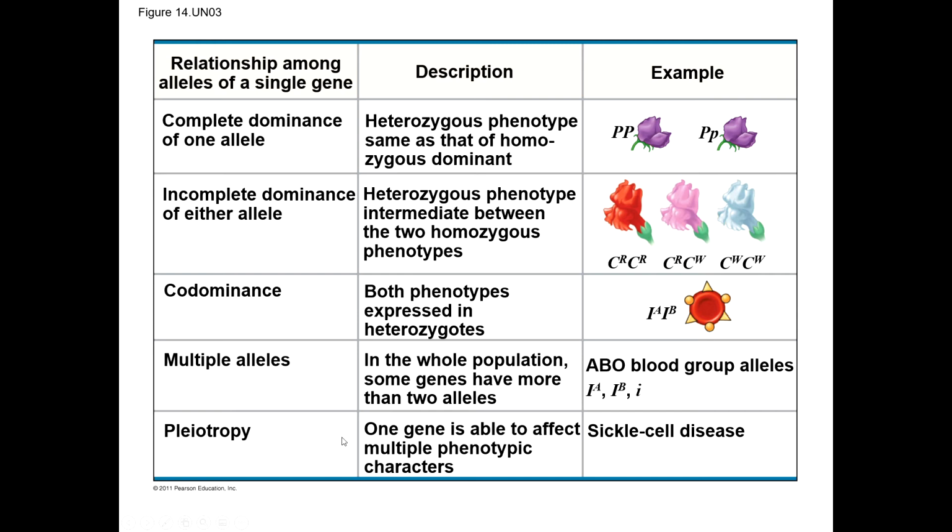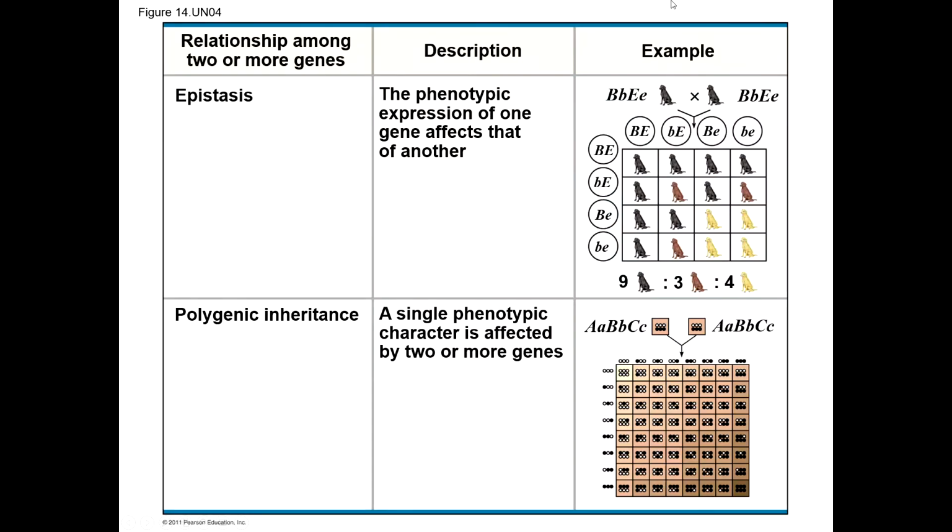And then pleiotropy, this is where one gene is able to affect multiple phenotypic characters. We're going to talk about that next. A good example is sickle cell disease, so we'll come back to that one. Epistasis, we talked about this with the Labrador retrievers and coat color. Keeping in mind that one gene can block the effect of others.